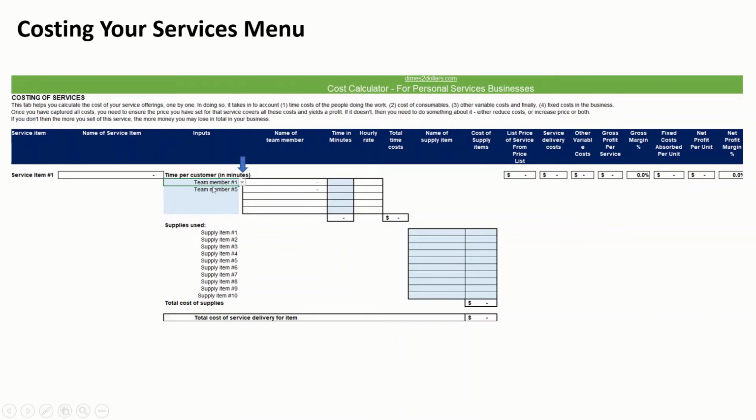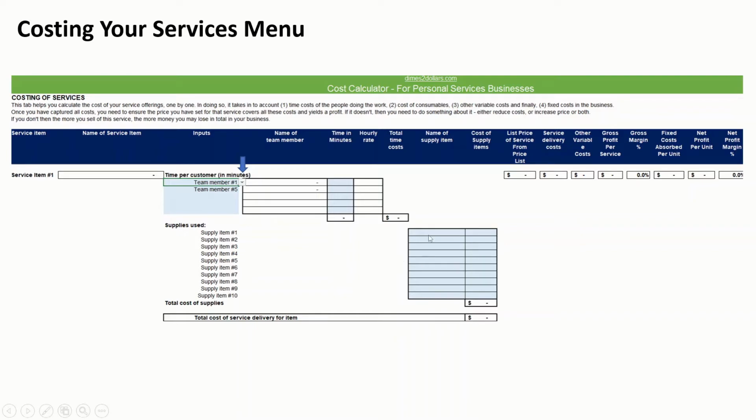So again, you can only input your inputs in the cells shaded blue. So only those inputs are required from you. And then move down here. These are the supplies you use in delivering that particular service item, in this case, your women's haircut. So you may be going through hair product, shampoo, whatever else that goes through as consumables.